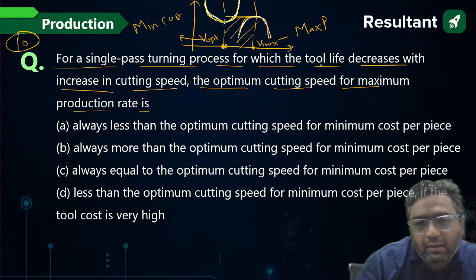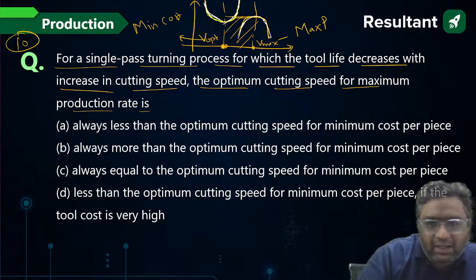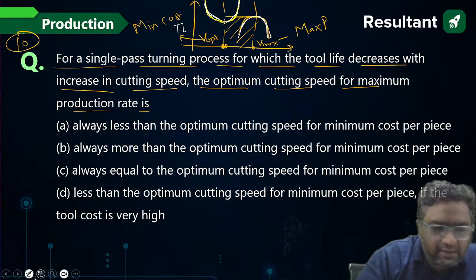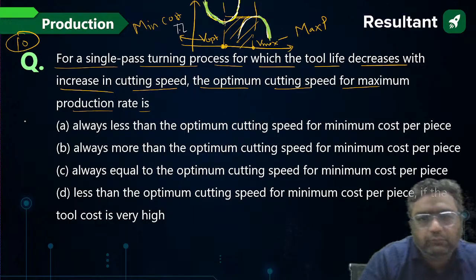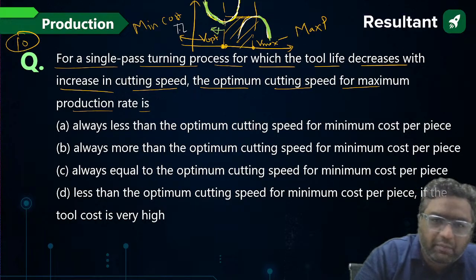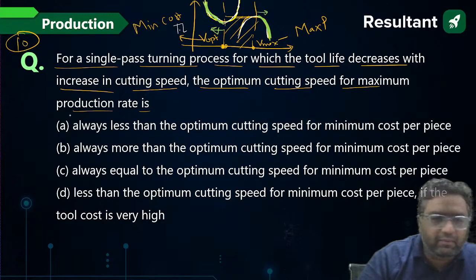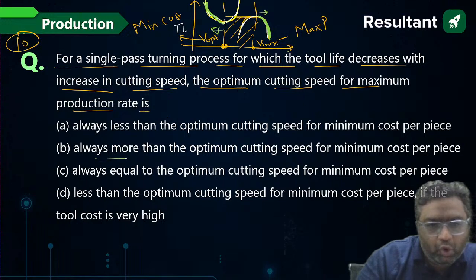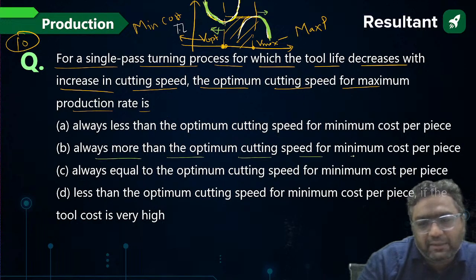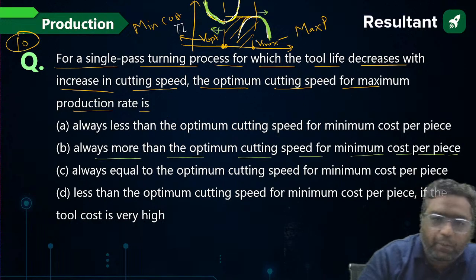So where tool life decreases. Here on y-axis we have tool life. So tool life decreases in two regions. Tool life decreases either here or here. So either before V optimum or after V maximum. So what should be the answer for this? Always more than the optimum cutting speed for minimum cost criteria. Obviously it is going to be more than this.